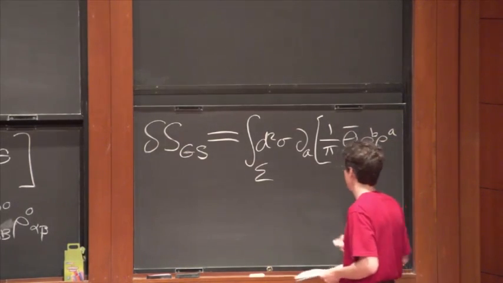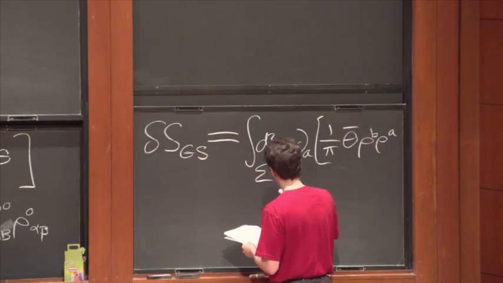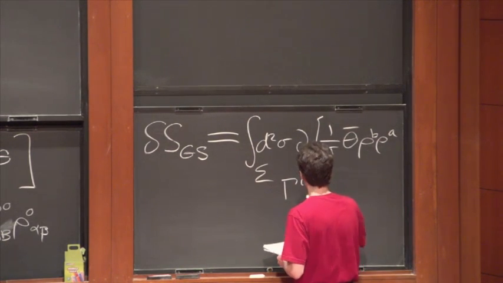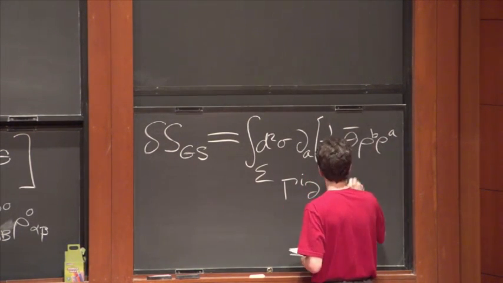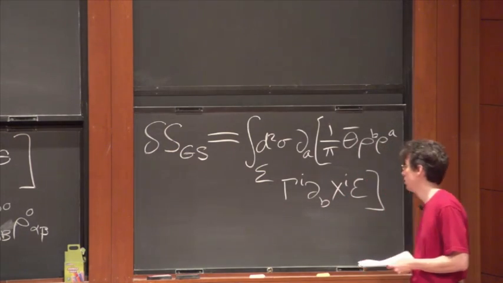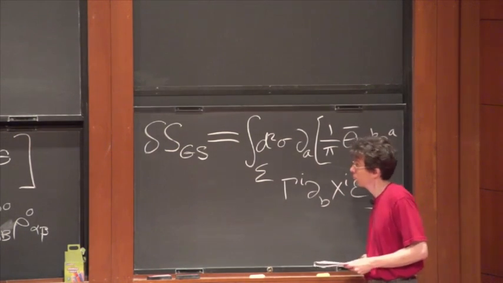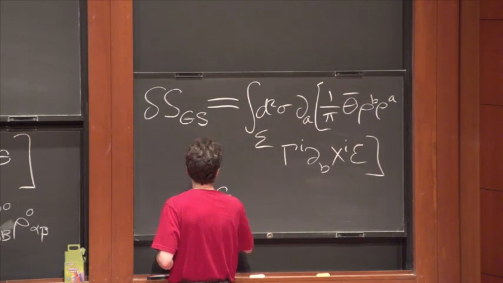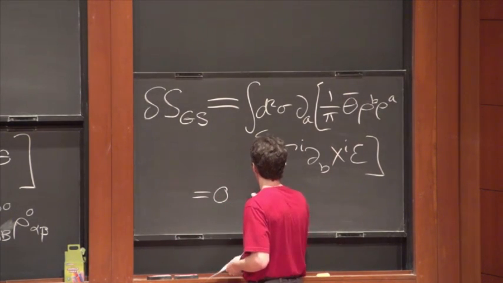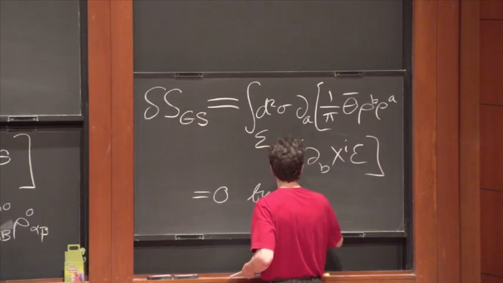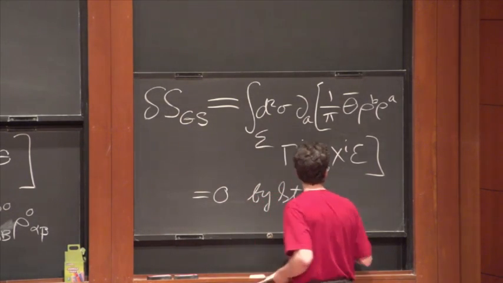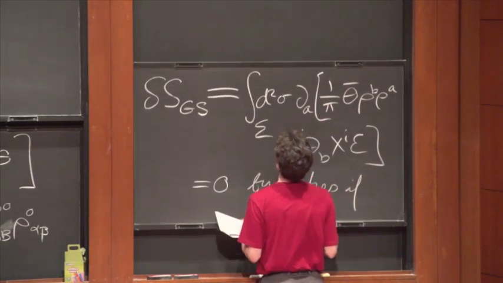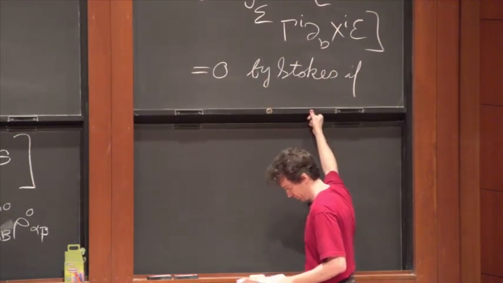Here's what it looks like. This is claimed to be straightforward to check. You just have to be a little patient and track your indices carefully. And this thing equals 0 by using Stokes' theorem if we get to impose certain conditions at the boundary.